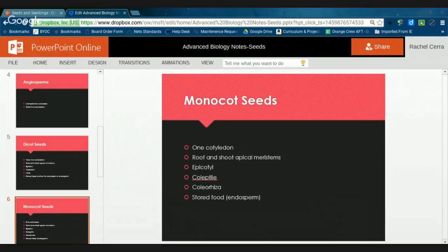Your monocot seeds. I drew a corn kernel. It's a very well-known monocot. So like the name implies, there's only going to be one cotyledon. You're going to have, just like with your dicot seed, a root and a shoot apical meristem. You're still going to have an epicotyl. I misspelled this next part. You're going to have a coleoptile.